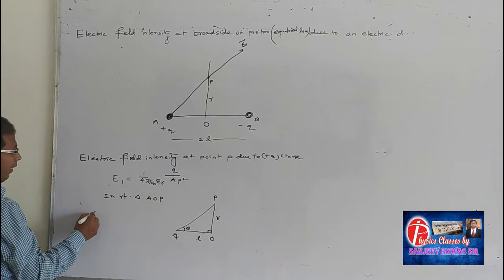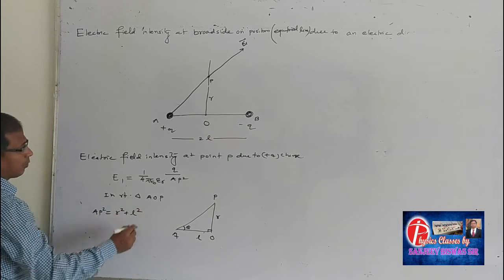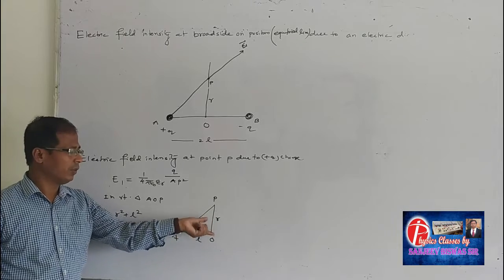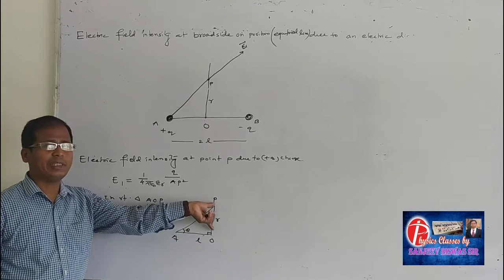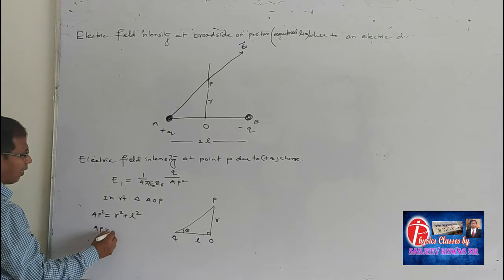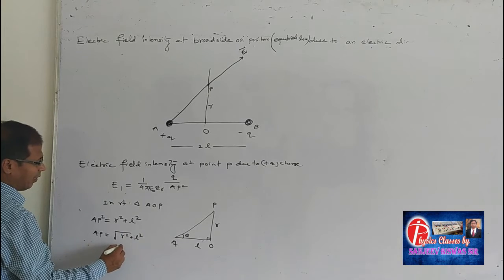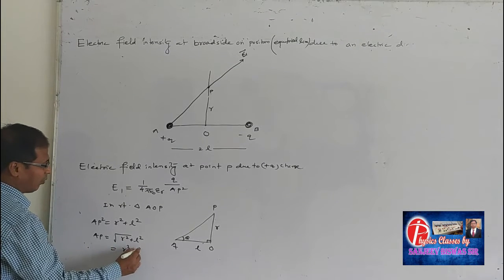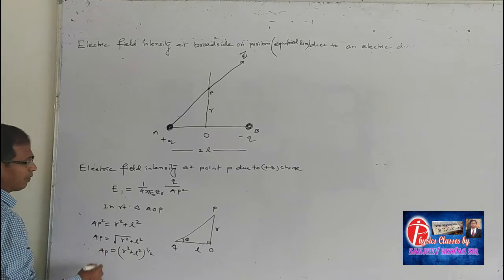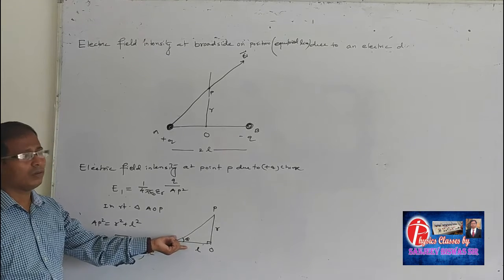Therefore AP square is equal to r square plus L square from Pythagoras theorem: hypotenuse square is equal to base square plus altitude square. So AP is equal to under root of r square plus L square, that is r square plus L square power 1 by 2. And also you can find the value of cos theta.